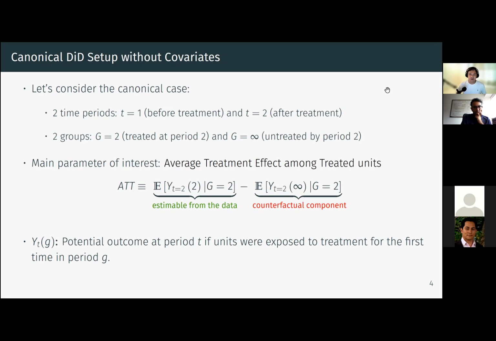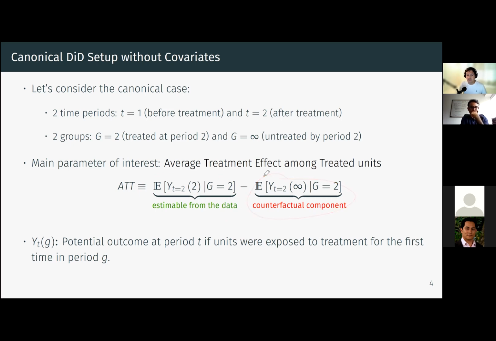In this classical 2 periods, 2 groups case, the econometrics literature has converged that the main parameter of interest in this setup is the so-called average treatment effect among treated units. Let me just write this down. I'm going to look at this first component, and I'm going to look at the second component as well.